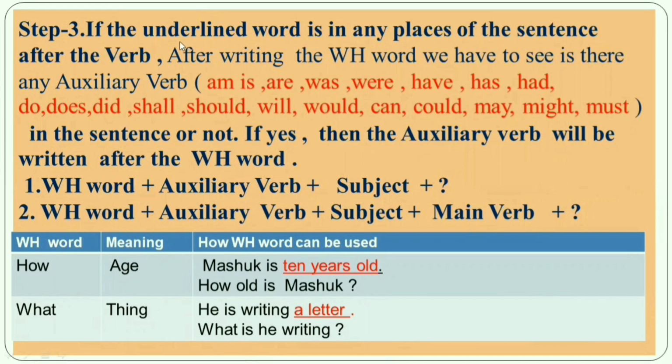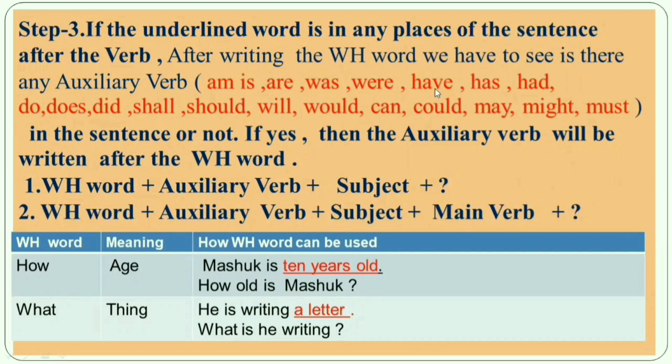So next, step 3. If the underlined word is in any place of the sentence after the verb, after writing the WH word, we have to see if there is any auxiliary verb such as am, is, are, was, were, have, has, had, do, does, did, shall, should, will, would, can, could, may, might, must. So these are the auxiliary verbs, my dear student.